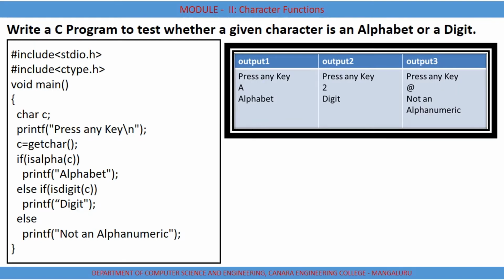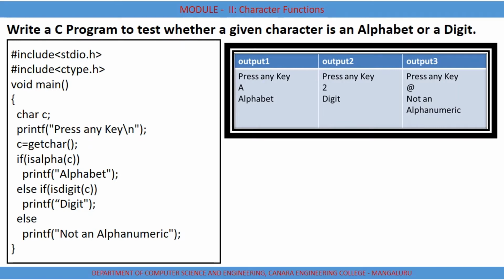Here we have made use of isdigit of c. isdigit is the built-in function which checks whether the value is a digit or not. c is the variable in which the input value is stored. Now if the input of the user is a digit, then isdigit will return true and the control will go inside the else if part and print the output as "digit".